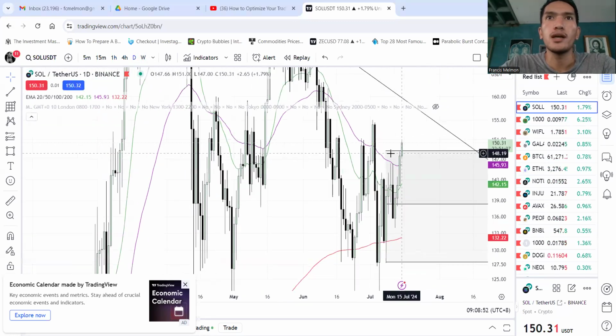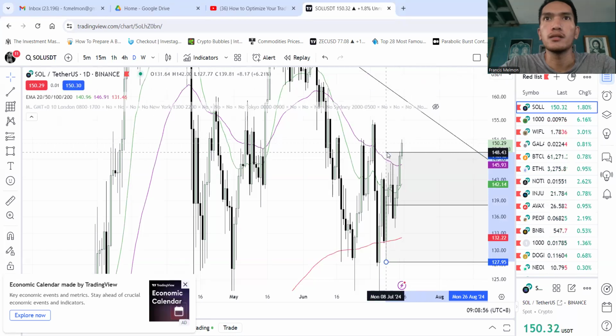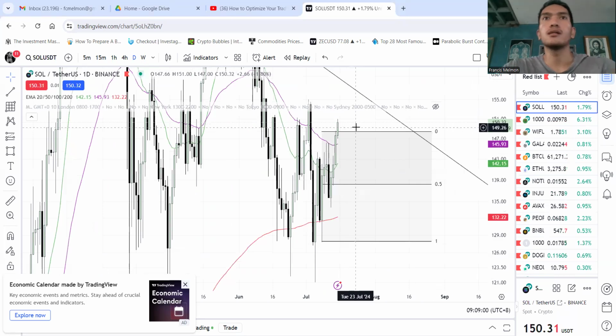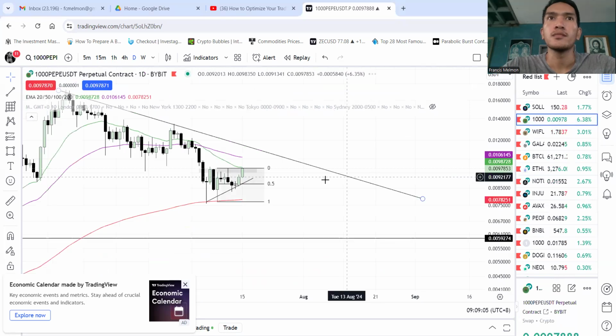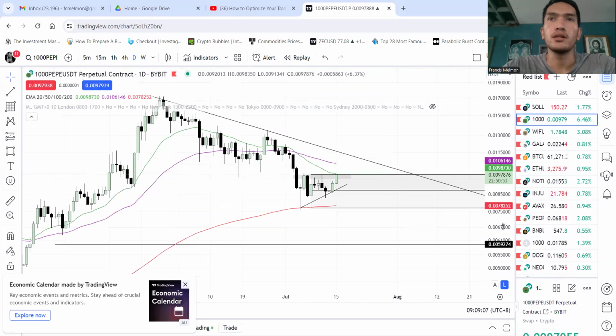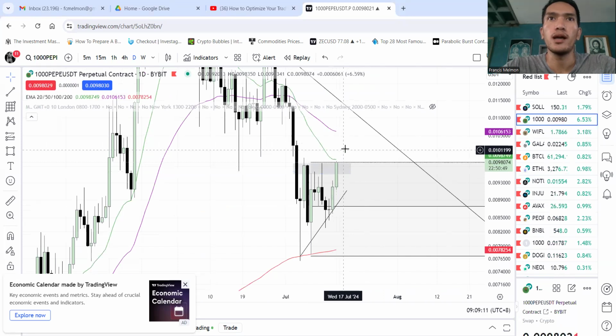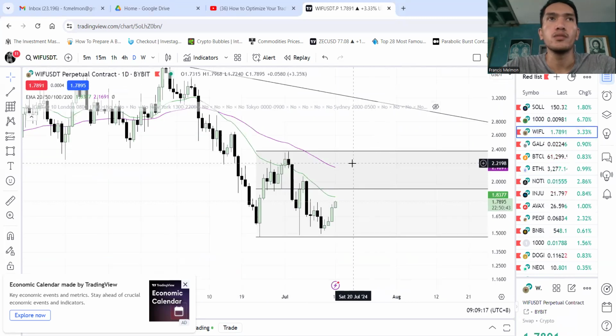First of all, we already had taken the previous weekly high. Also for the Pepe, we already had taken the weekly high too. For the WIF, we are currently on a discount.